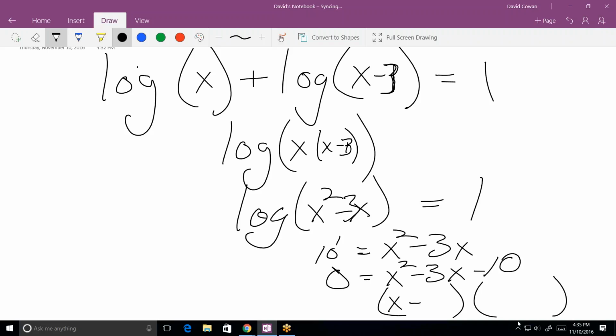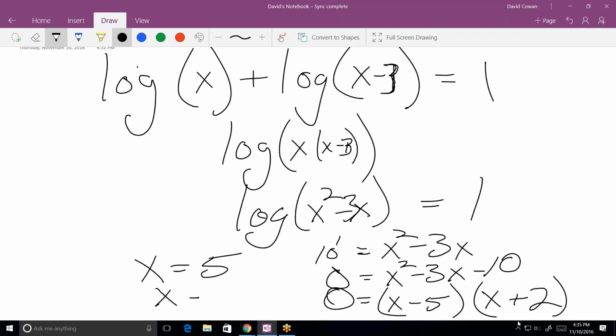You're going to factor it into x minus 5, x plus 2, which makes your solutions x equals 5 or x equals minus 2. Now, if we go back to the original equation, we can see that the minus 2 violates the domain.